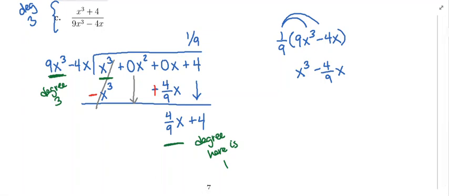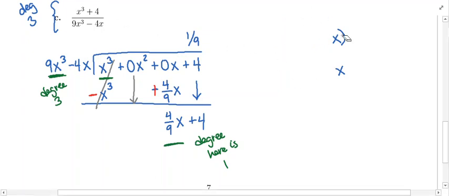So what we can conclude is we started with x cubed plus 4. We divided this thing by 9x cubed minus 4x.